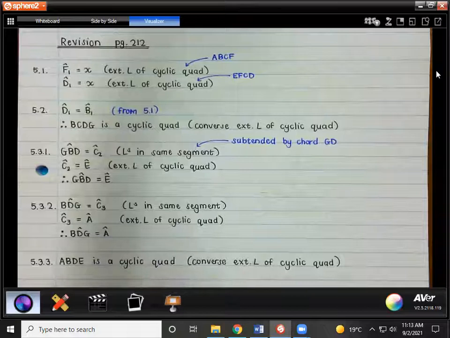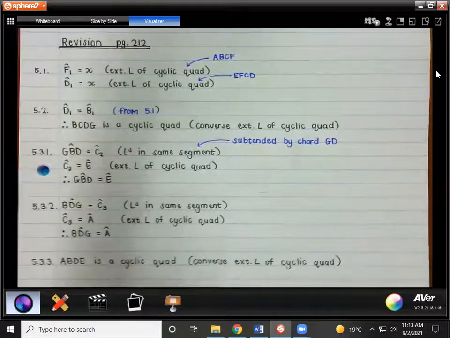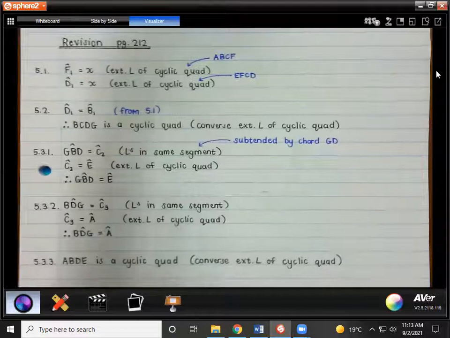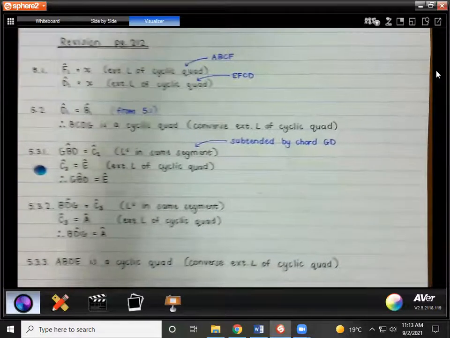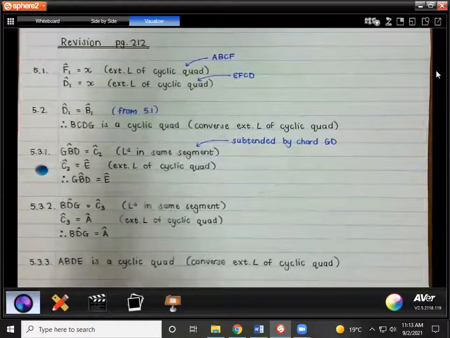And then for 5.3.2, we actually had to do exactly the same thing. It was just working from a different chord, so I'll show you that again. I'm just quickly going to erase my dots and my extra stuff so that we don't get confused. Okay, I'll put this back up now.